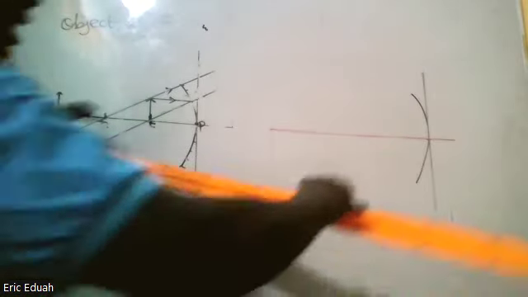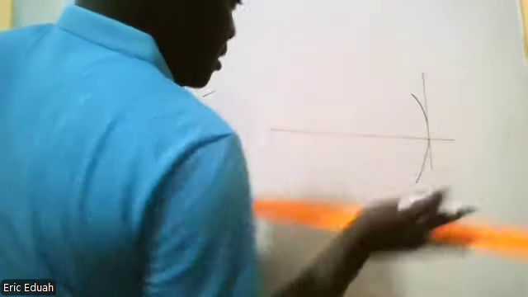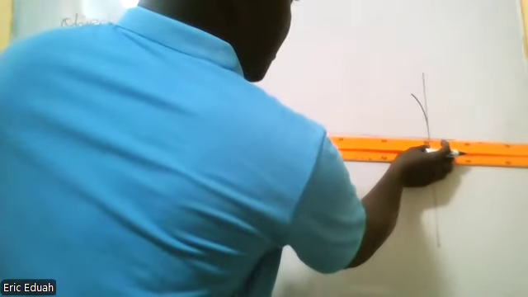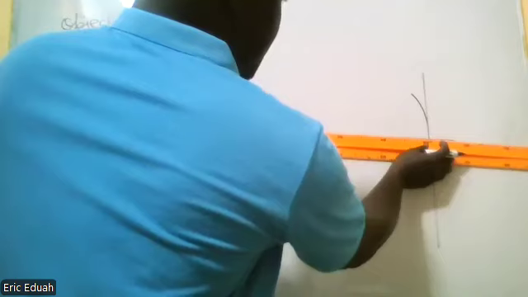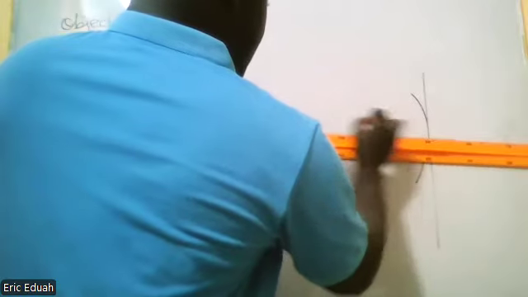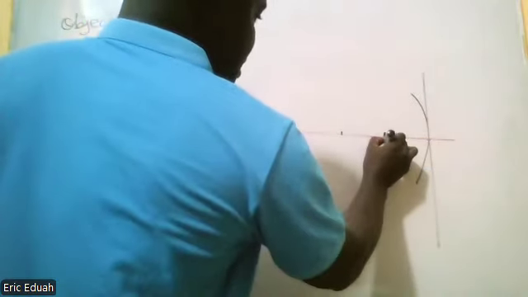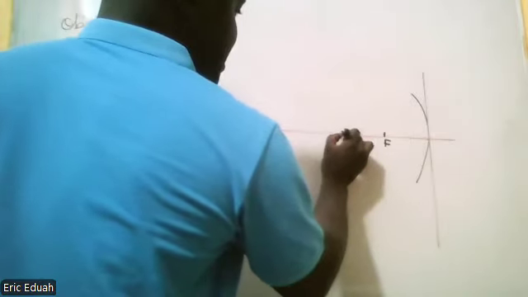So take your measurement up and see. So this is P. This is F. This is C.